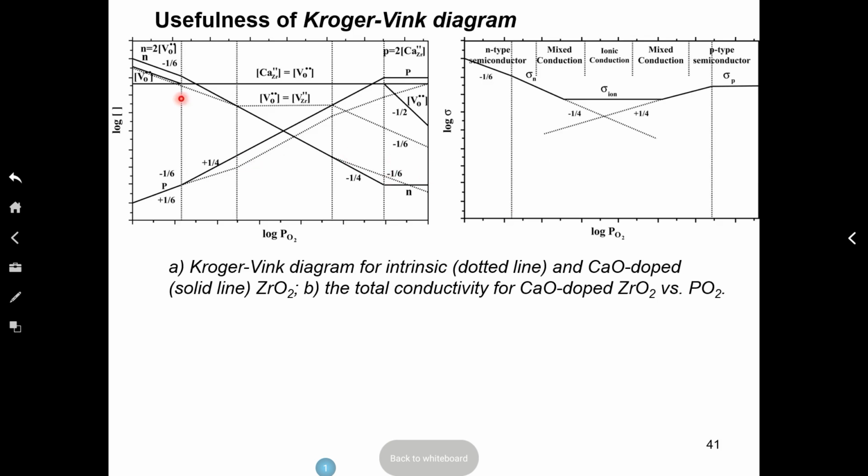Okay, so you can see the Kroger-Vink diagram. How basic this looks. See how many regions? Lowest PO2, then a little bit higher, still low. Then some intermediate, moving into the high, so 1, 2, 3, 4, 5.